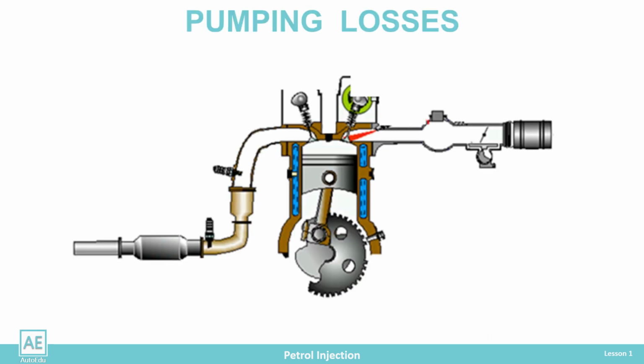Other losses are reflected in the fact that a part of the generated mechanical energy is spent to cover defects in the engine operation and for the operation of additional devices on the vehicle. About 10% of the generated energy is used to overcome pumping losses.